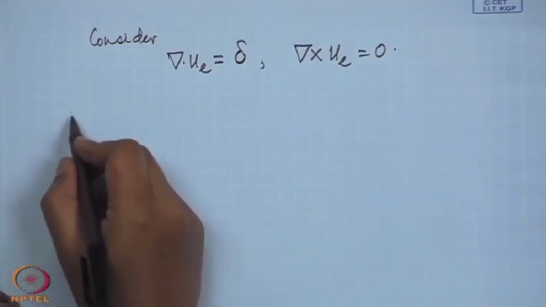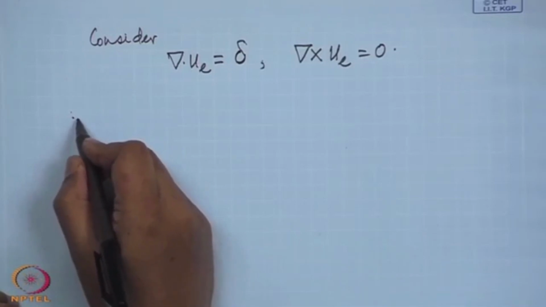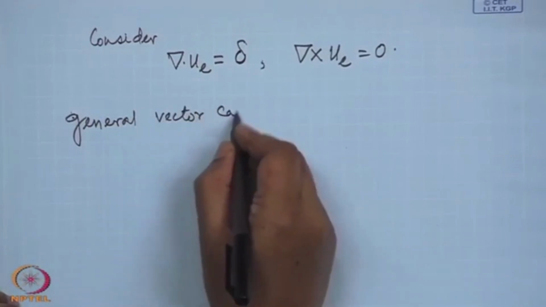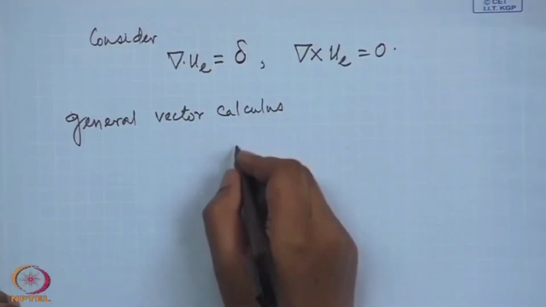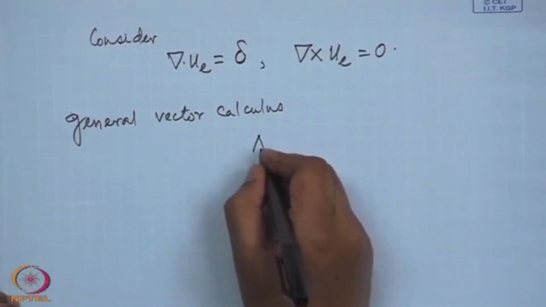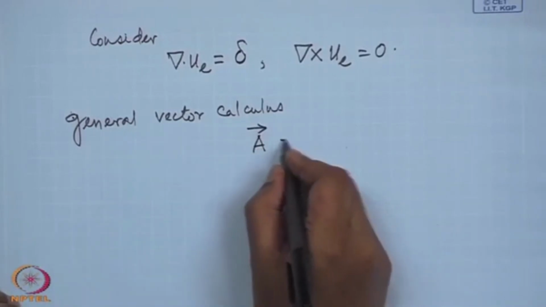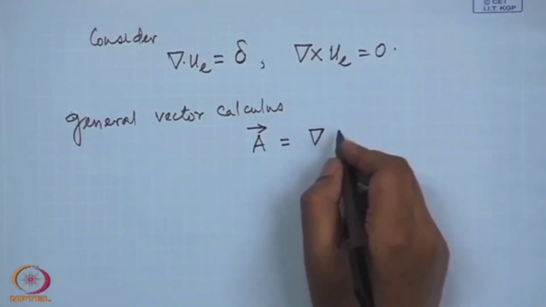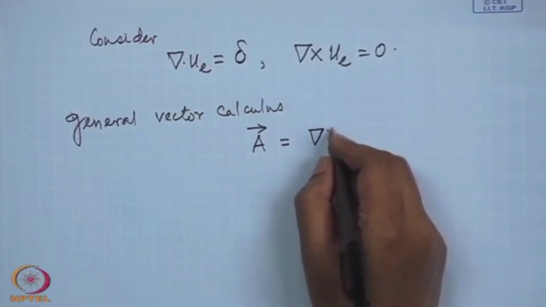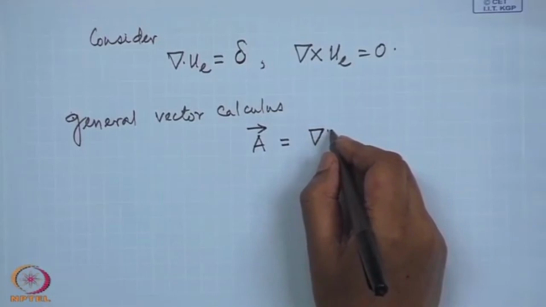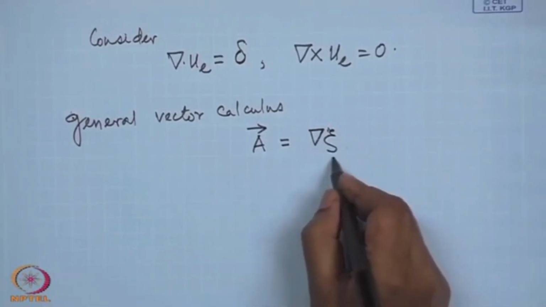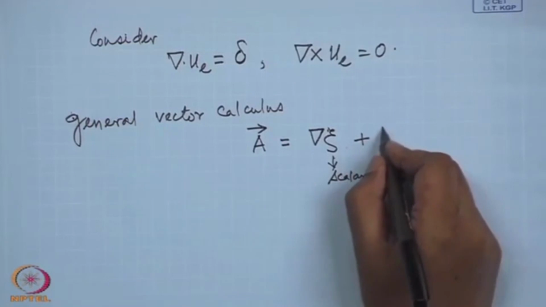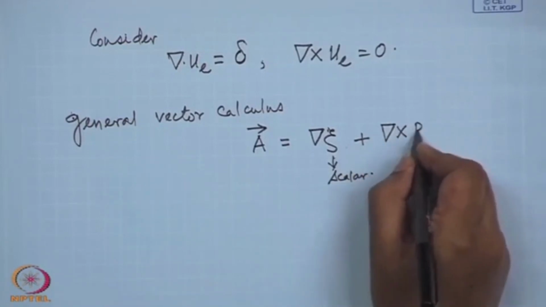This is of course a result from general vector algebra or vector calculus, that any vector A can be written as gradient of a scalar, let us call that scalar xi, plus curl of a vector, we call that vector B.